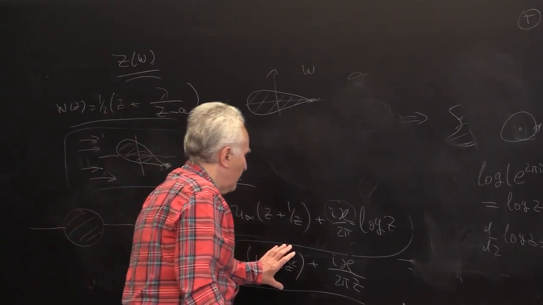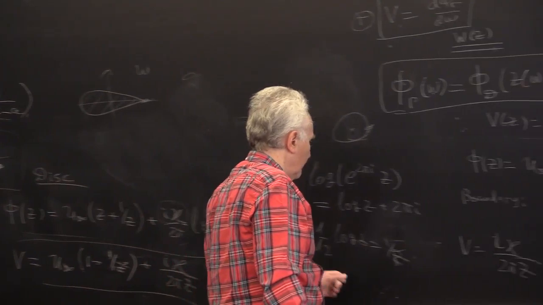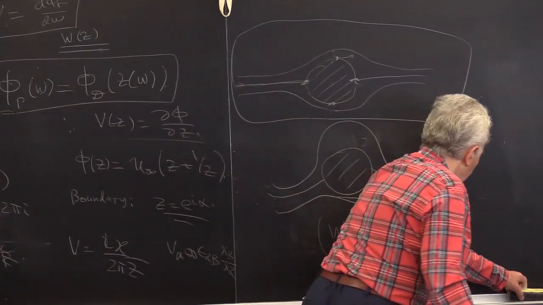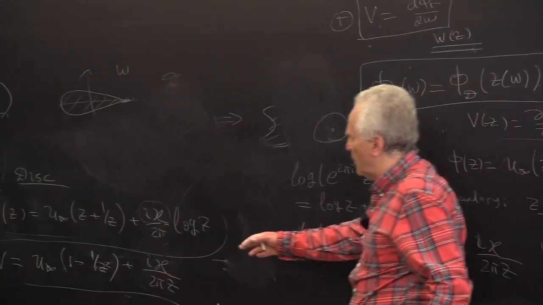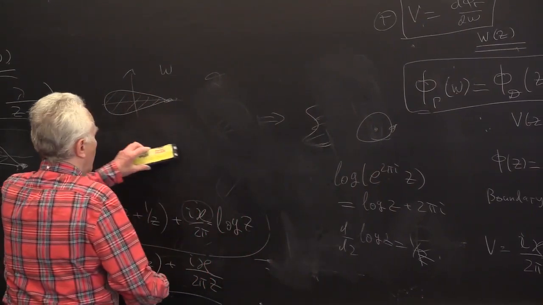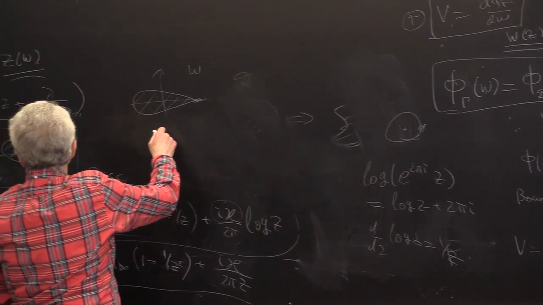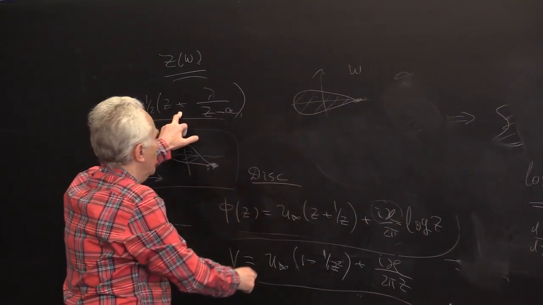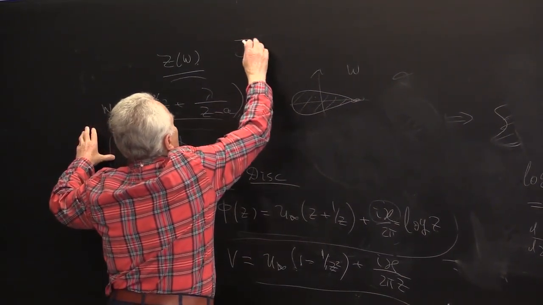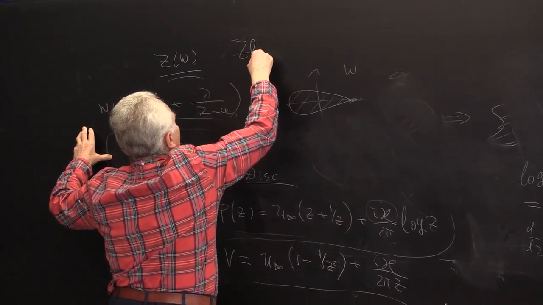What you have to do? This is the expression for the velocity on a disk. Now we apply the Zhukovsky transformation, which is this.